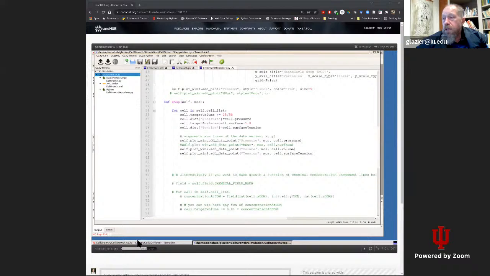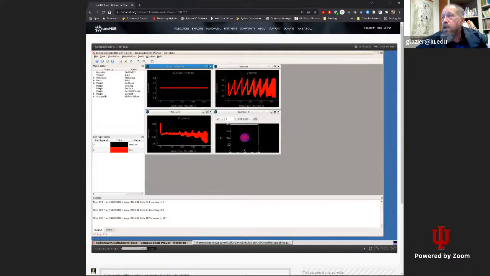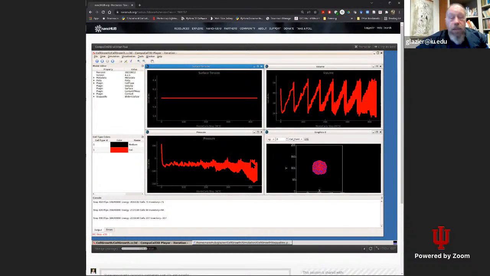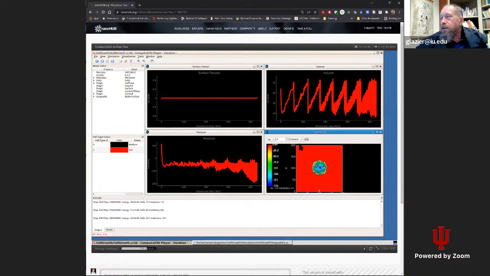So why doesn't everybody take a minute to get a simulation that looks a little bit like this? Whether you plot the surface tension, the volume, the pressure is not so critical. Whether you're plotting the pressure field, I'll turn the pressure field on there.